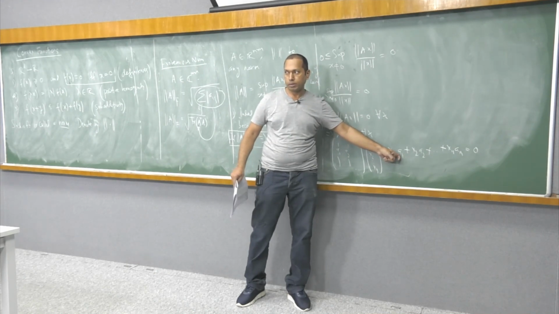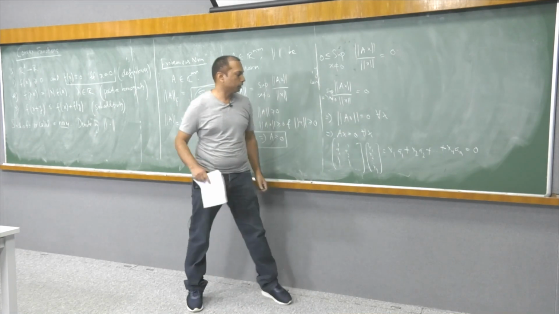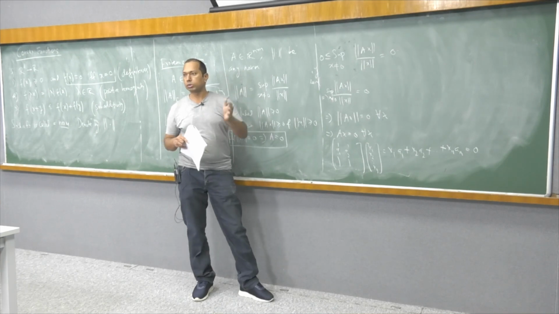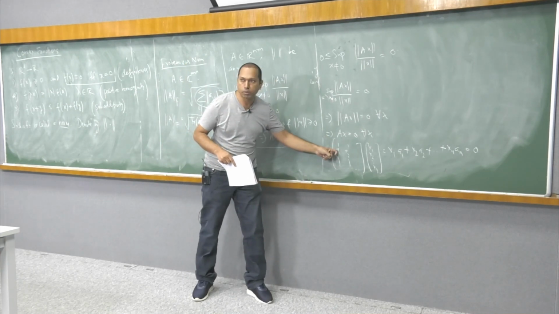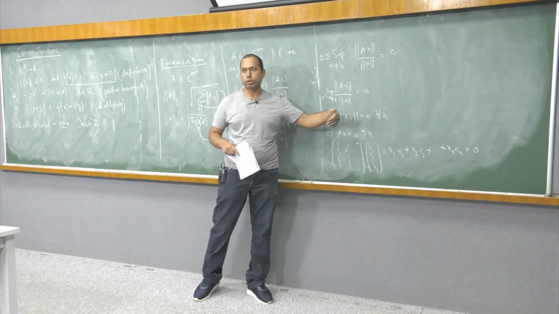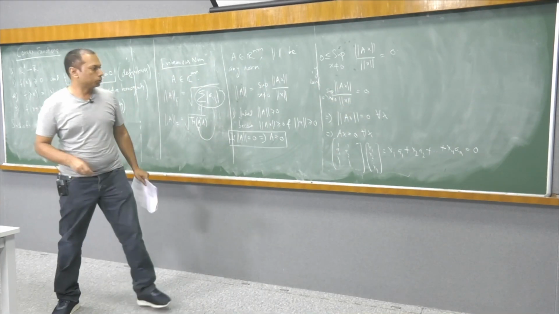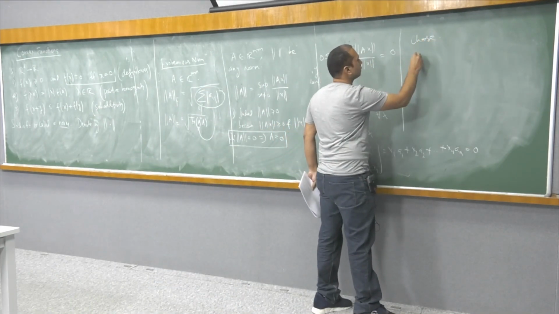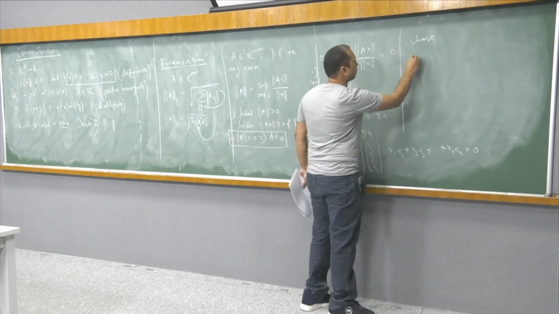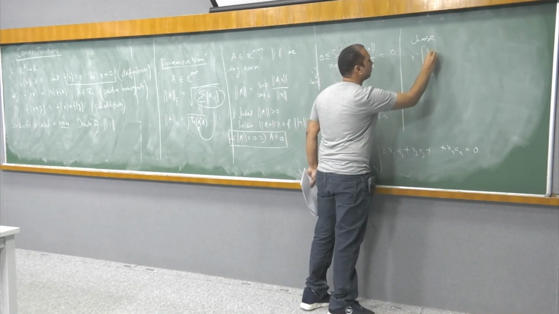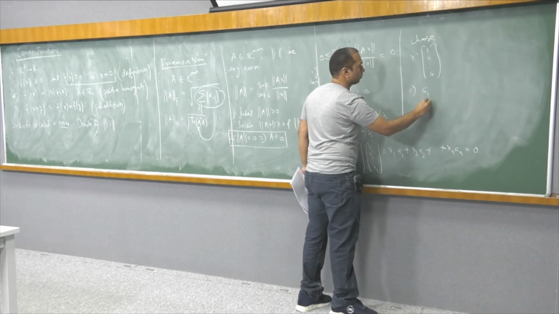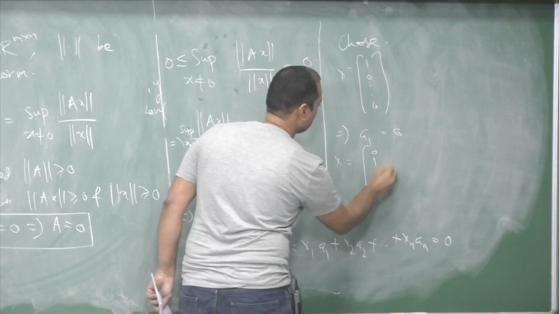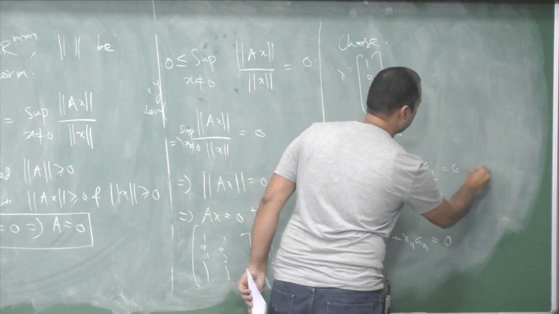Basically, you feed in the canonical basis vectors 1 0 0, 0 1 0, and that way it spits out A1 equal to 0, A2 equal to 0, and then everything is 0. So choose x to be of the form 1 0 0; this implies the first column is 0, and then you choose x to be 0 1 0, then the second column is 0, and so on.